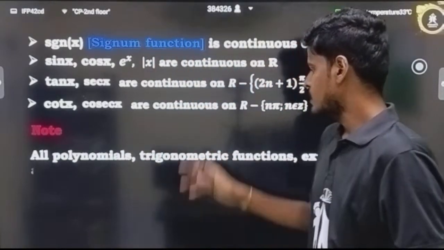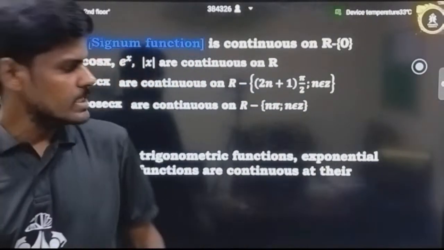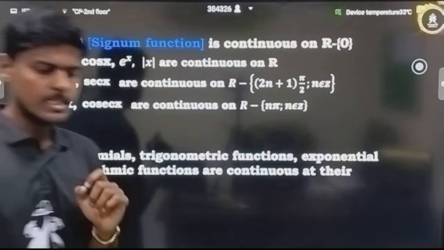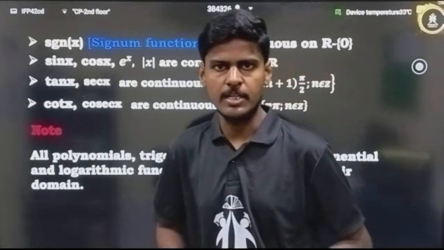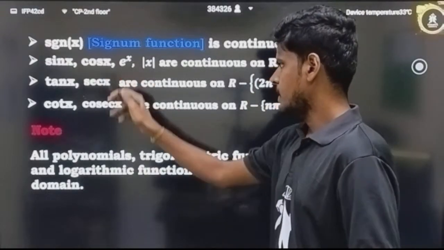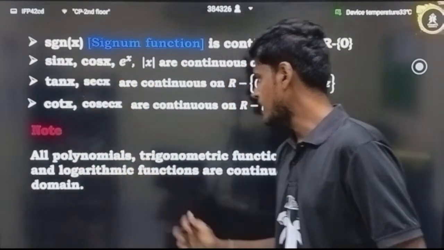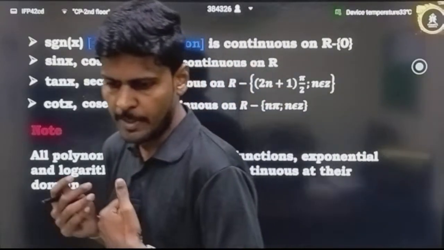All polynomials, trigonometric, exponential and logarithmic functions are continuous at their domain. What does that mean? Sir, from the graph we have seen that tan x is discontinuous at all odd multiples of pi by 2. Secant x, cot x too. But in this note we have given all trigonometric functions are continuous in its domain.